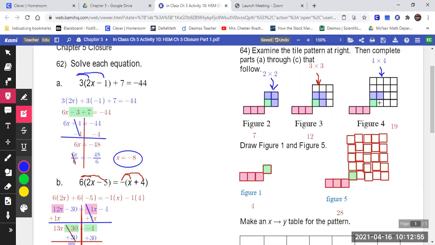Are we okay so far? What did figure 3 add on? A bigger L, right?